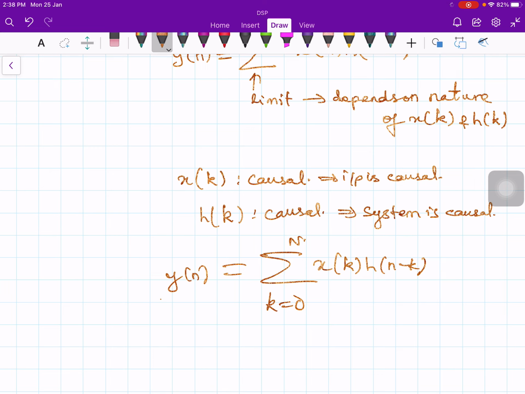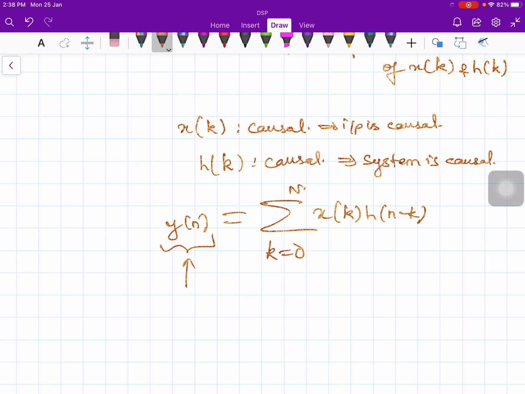Now, how do you compute this y of n? In the computation of y of n, whether it is FIR or IIR, we are only using the present and past values of the input.